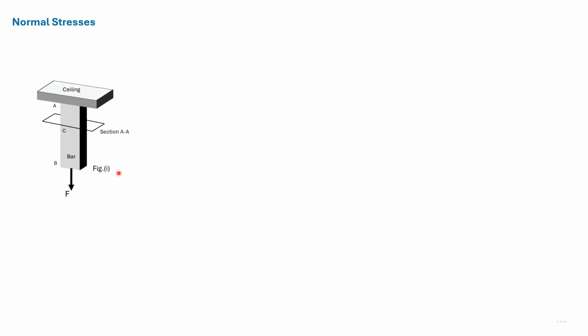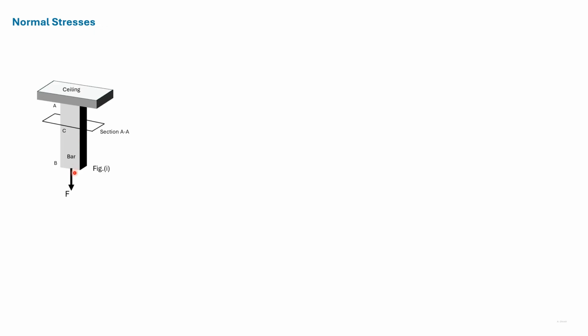To start with, let us look at the forces acting. So there's a force F acting here, and for equilibrium, the ceiling will exert a force F acting in the opposite direction.